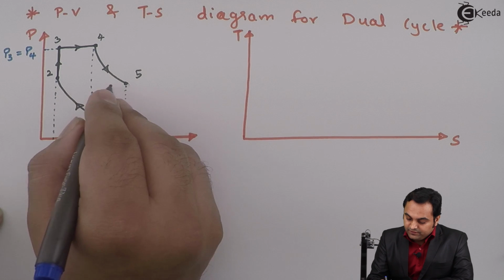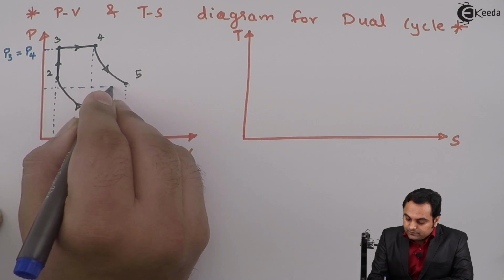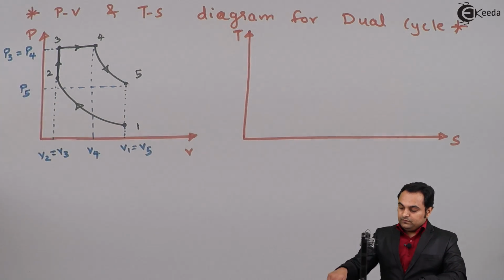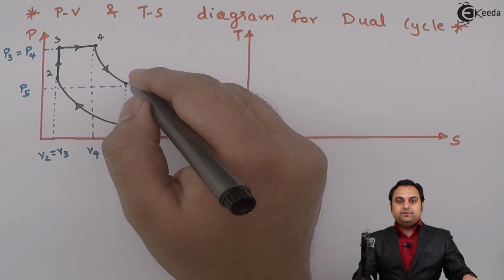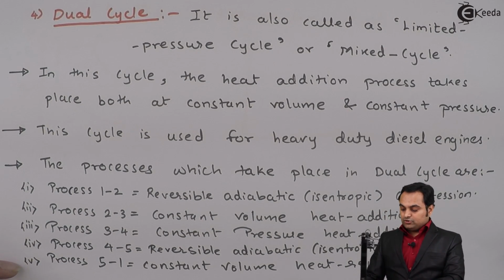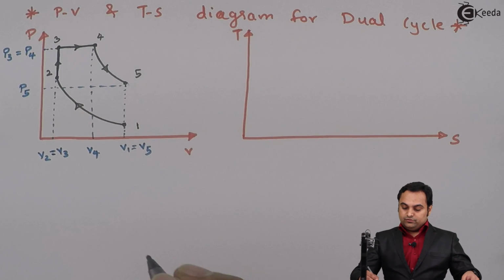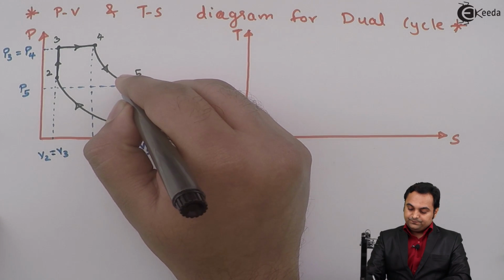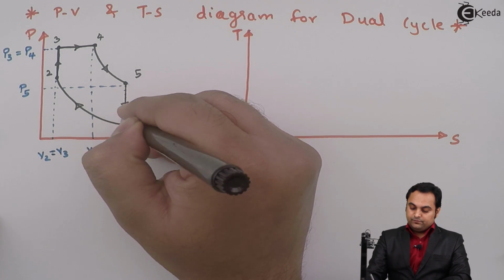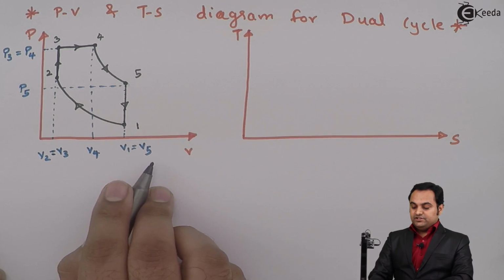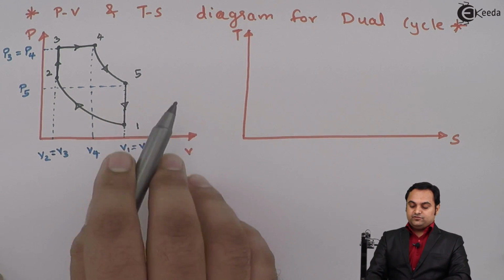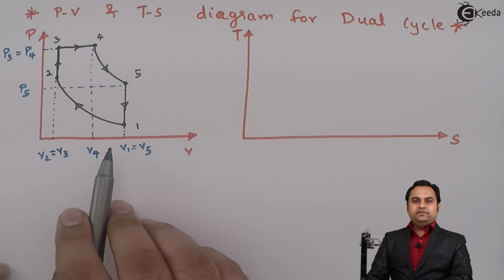So here as we see, the pressure has dropped from P4 to P5. So expansion has taken place. Next, process 5 to 1 is constant volume heat rejection. So here heat will be rejected at constant volume, that is from 5 to 1. V1 is equal to V5. When the heat is rejected, pressure drops. So here I have shown the dual cycle on PV diagram.